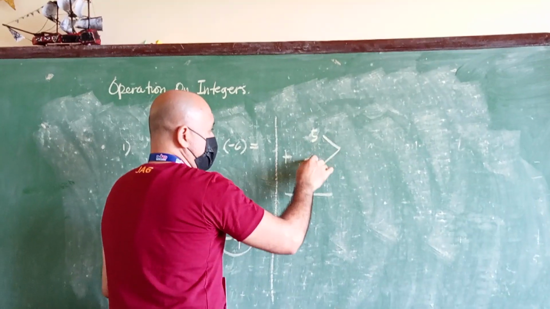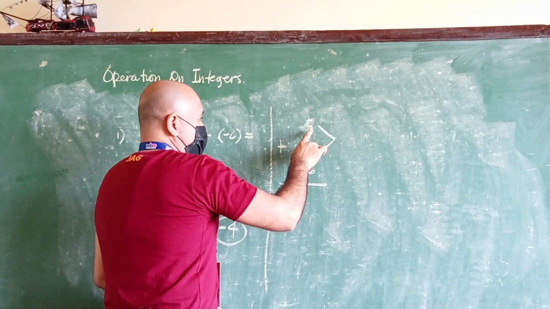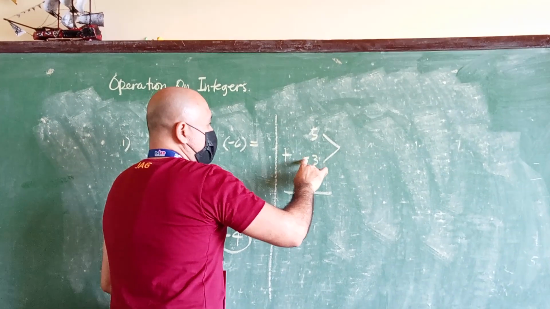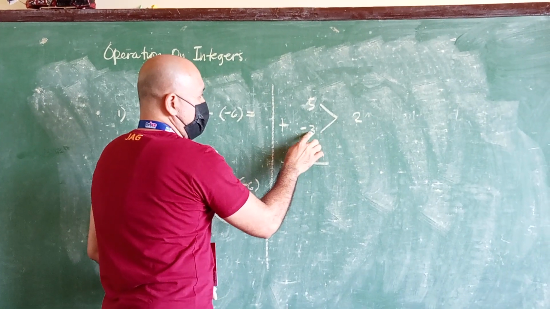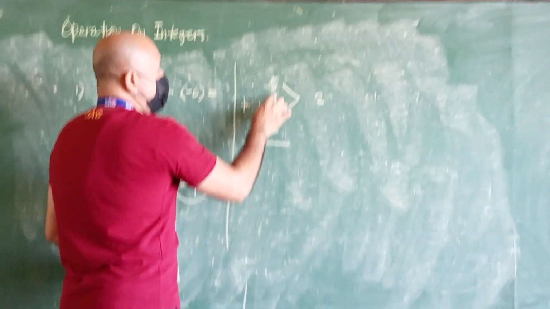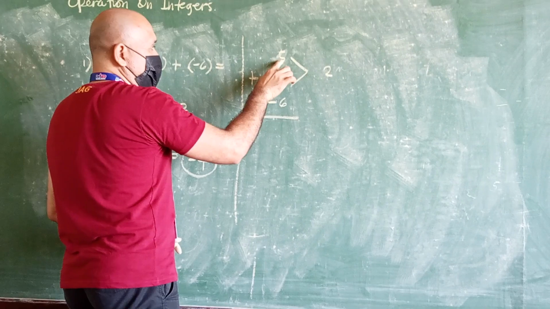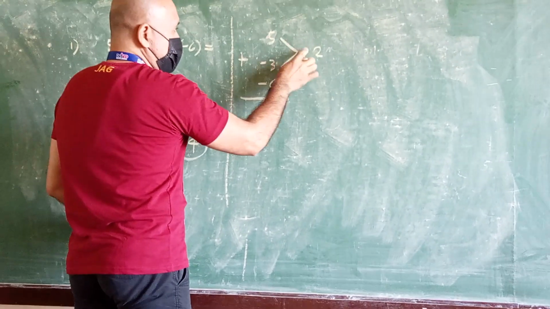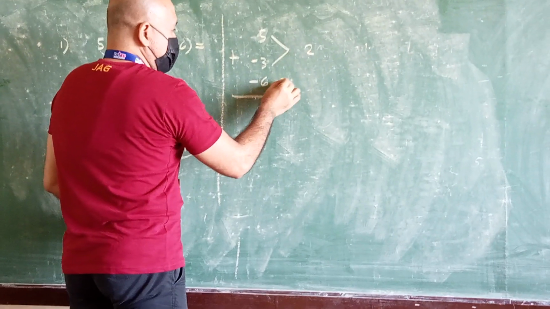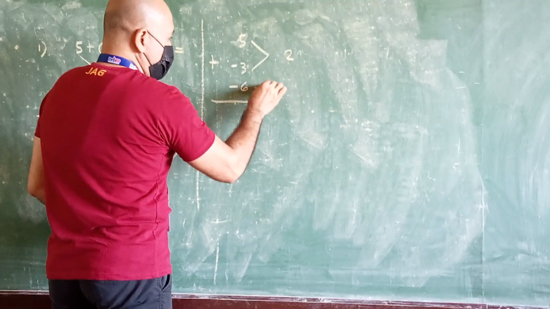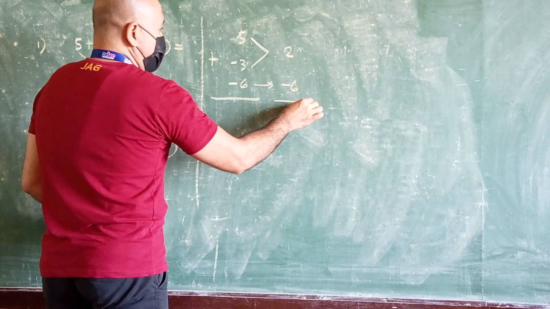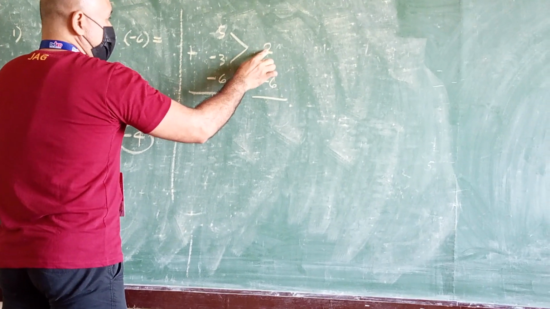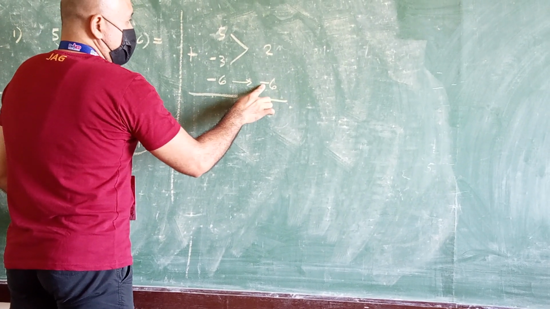Since these two integers are considered having unlike signs, get their difference, that is 2. Between these two numbers, 5 has bigger absolute value, its sign is positive, so your answer is positive. And then bring down negative 6. Then it will be positive 2 plus negative 6.